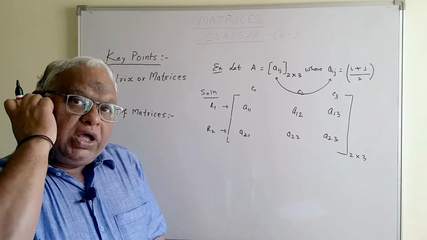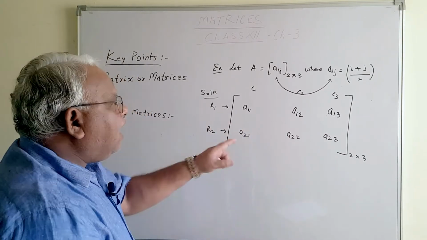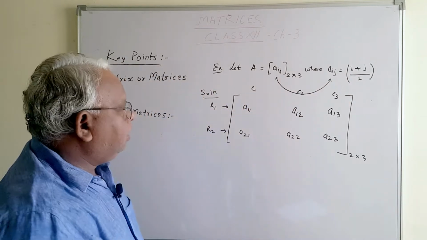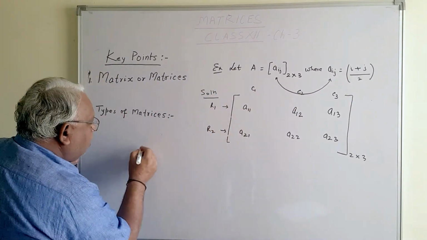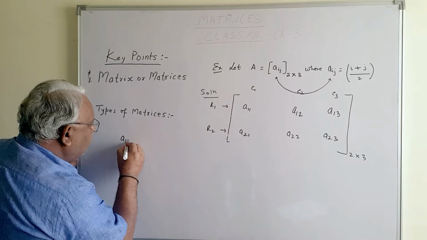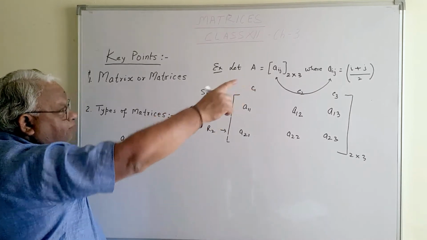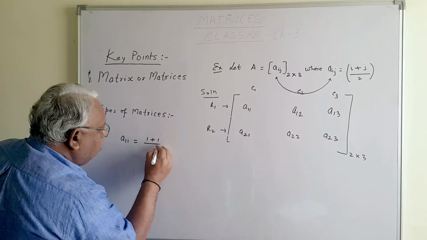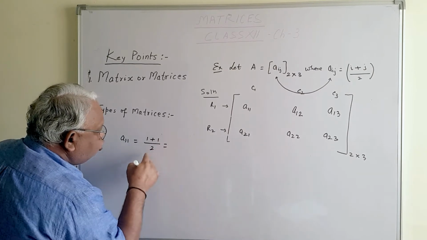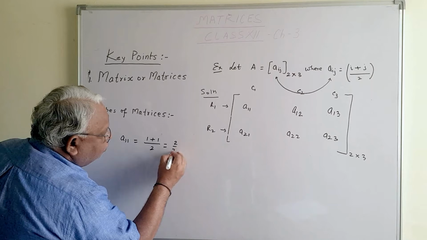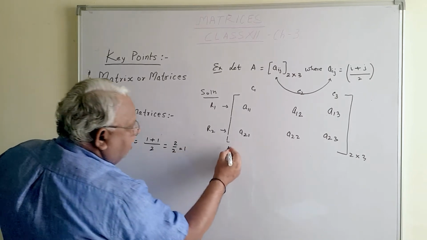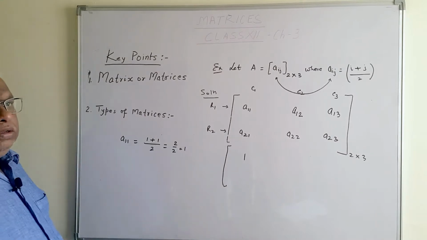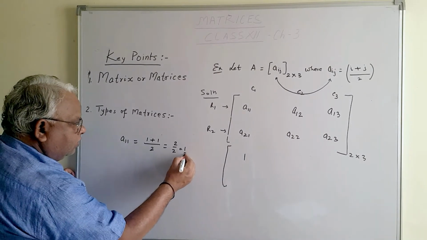Now the question is how to fill it. For that we need to use this definition of an element. My first element is A11. As per the definition, it says (i plus j) by 2. So it is 2 by 2, which is equal to 1. So my first element is 1. This is my first answer.